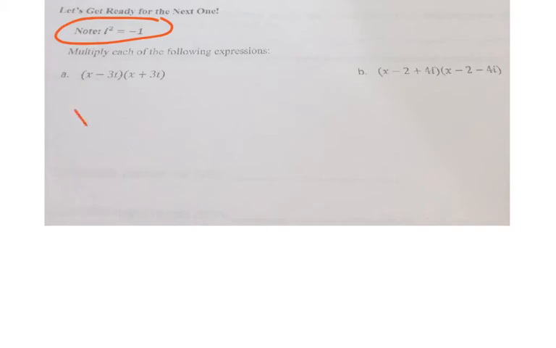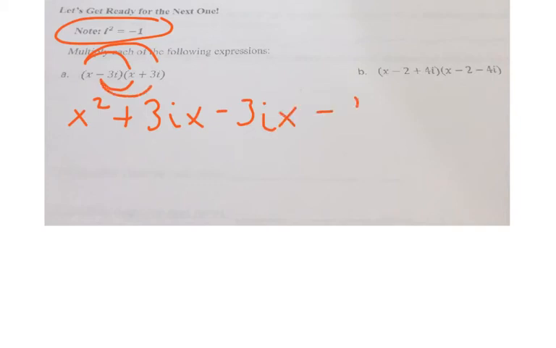We're going to get x squared from that, and then we're going to get plus 3ix from that. Then from here we're going to get minus 3ix, and then from here we're going to get minus 9i squared.